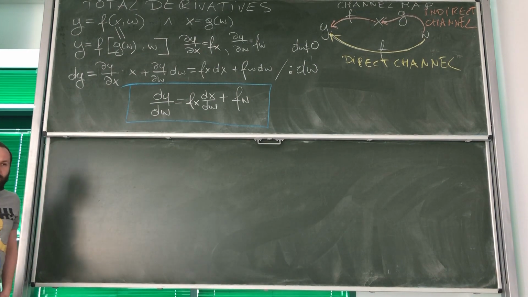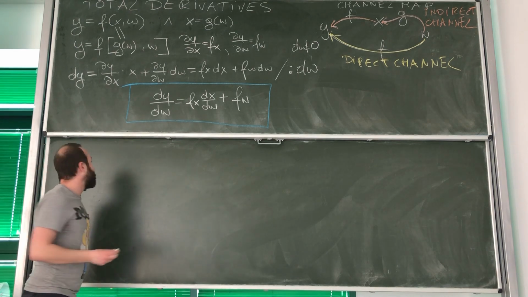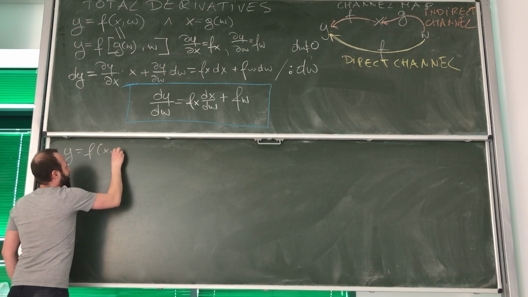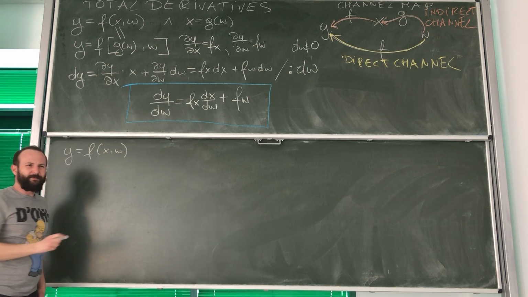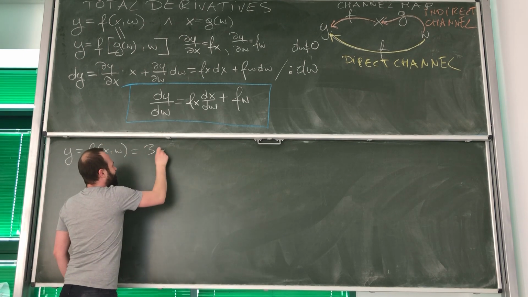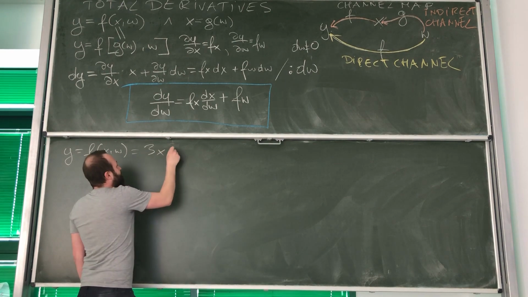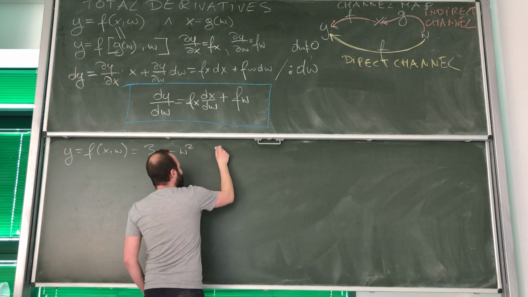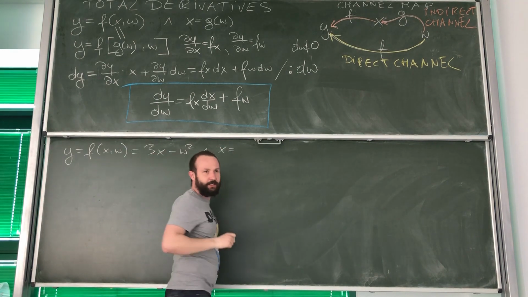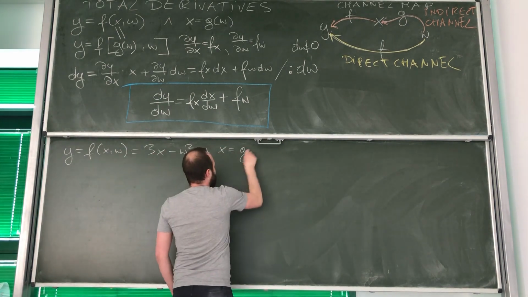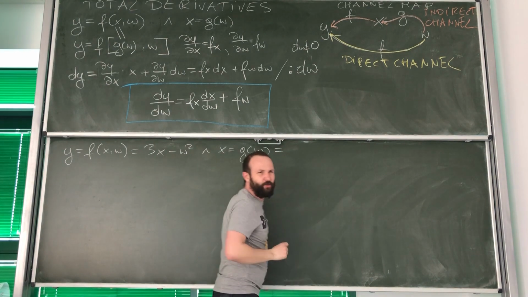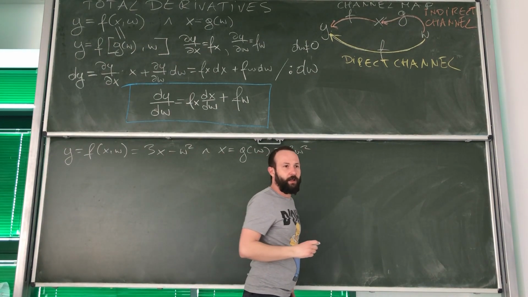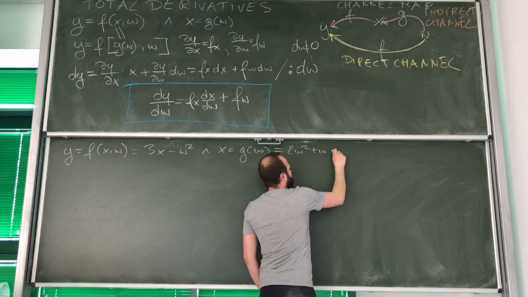Now this is very theoretical, so let me just give you a very simple example. Okay, so we've got that y equals f of x, w is equal to 3x minus w squared, right? And now let's say that x is equal to some function of w, and it's equal to 2w squared plus w plus 4.